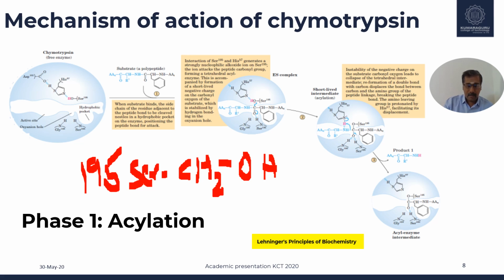Now what happens? There is a bond. This electron belongs to oxygen, and this electron belongs to hydrogen. Since oxygen is more electronegative, this oxygen will grab this electron which belongs to your hydrogen.